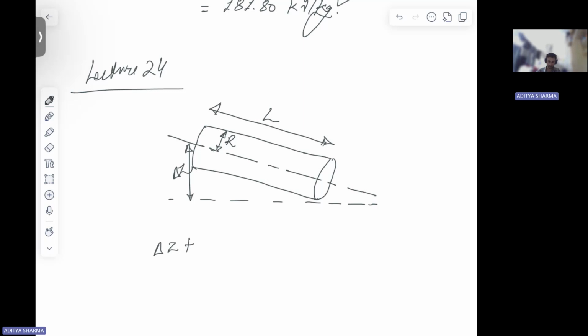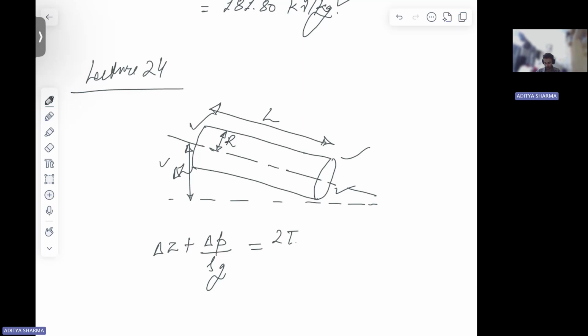So delta Z is your gravitational head, and delta P by rho g is your pressure head. Delta P is related to pressure at your entry and exit, and delta Z is related to gravity, the head or potential energy, you can say.